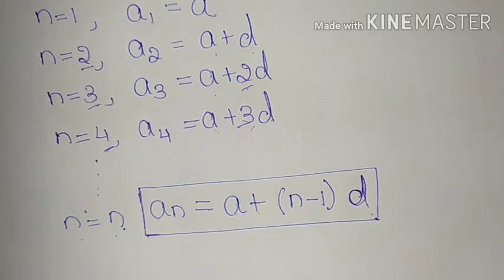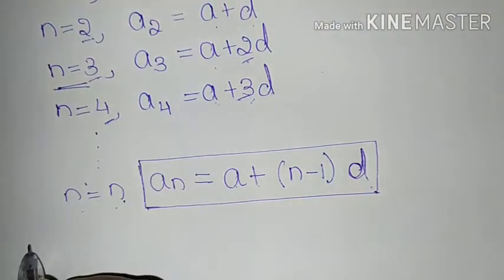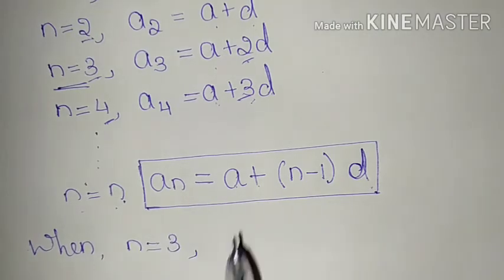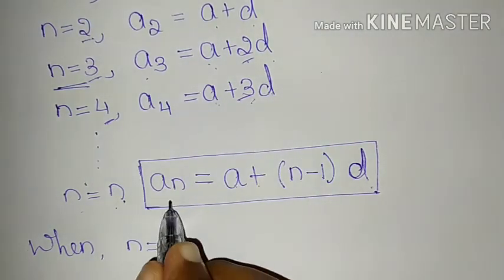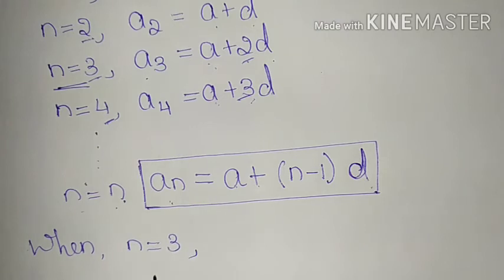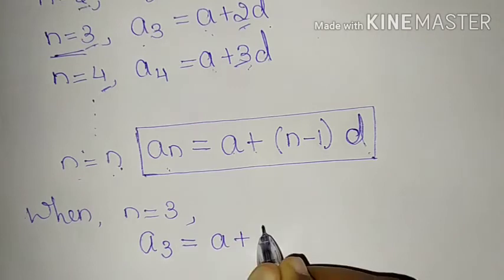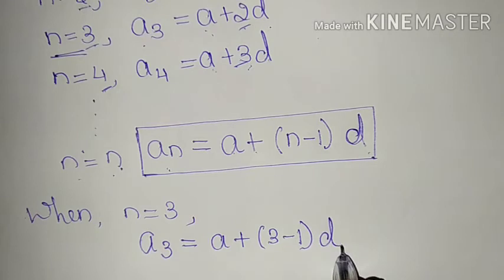Now, if I substitute values for n, I should get the general form back, right? Let us verify for n equal to 3. We should get a3 equal to a plus 2d. So let us see if we get that using this formula. Replace n by 3. So a3 is equal to a plus (3 minus 1) into d.